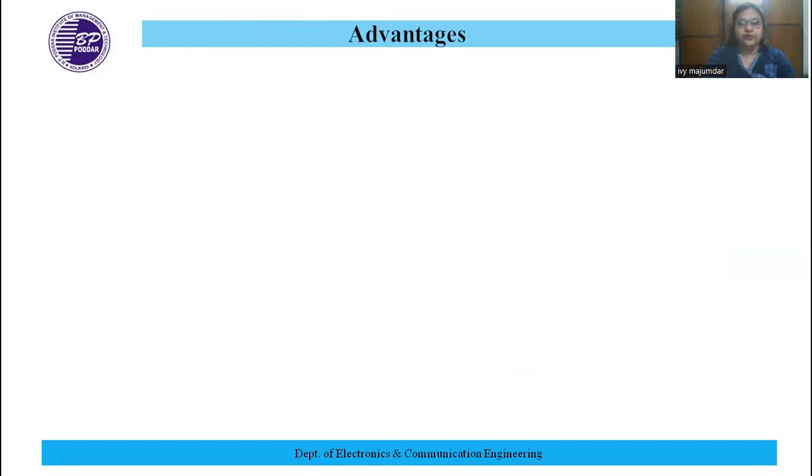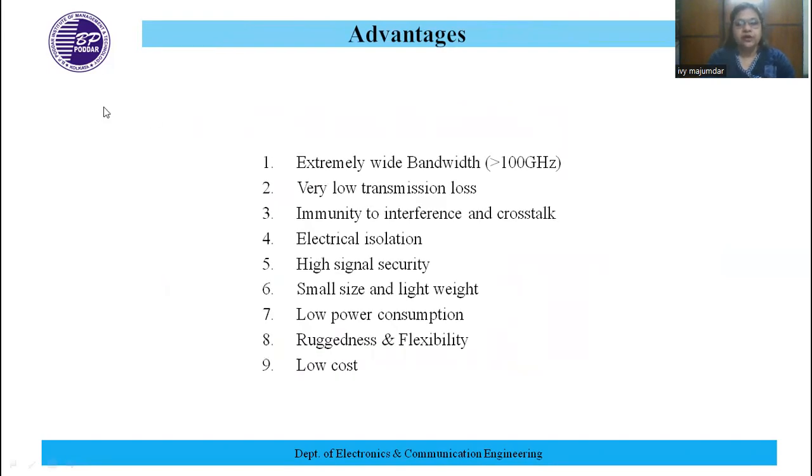To name few, first of all, extremely wide bandwidth of fiber optic communication. It is greater than 100 gigahertz, whereas bandwidth of millimeter wave and coaxial cable communication system lies in the order of megahertz.